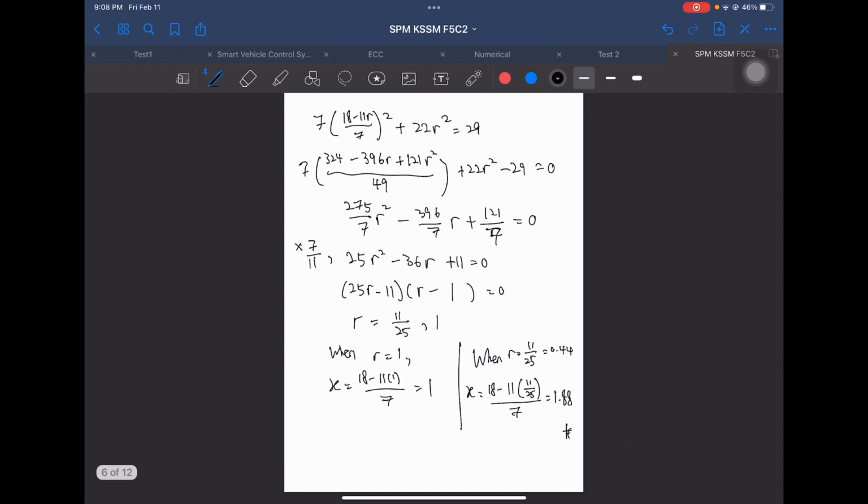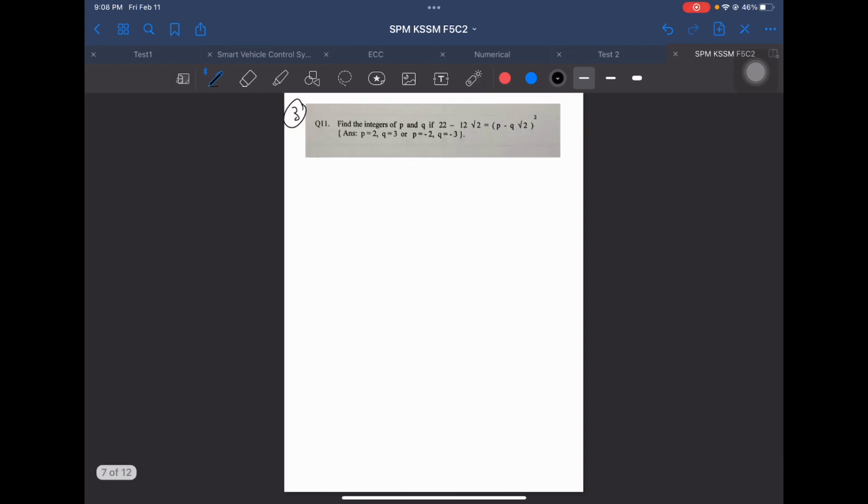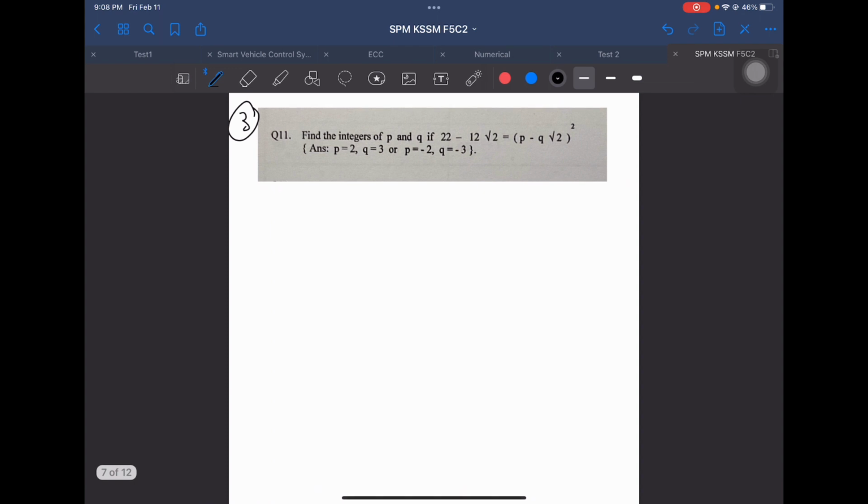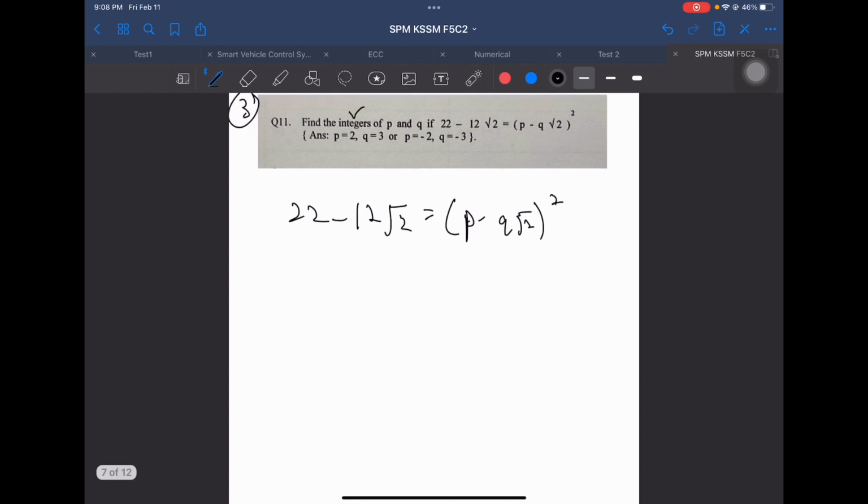So let's move on to the third question. Find the integers p and q if 22 minus 12 square root 2 equals (p minus q square root 2) squared. Since the question says that p and q are integers, first you need to expand this.